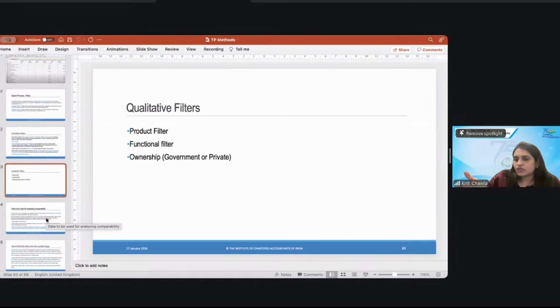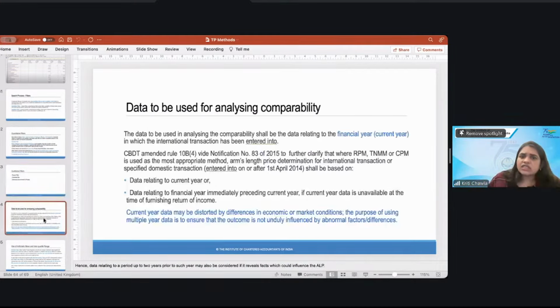We used their financials, etc., and we were able to find the net operating margin for year 1, year 2, and year 3. Now, the thing is, we need only 1 year of information. So this is where it said that, initially, it was only for the current year. But now what they've done is that you can use multiple year data for the purposes of calculating profitability.